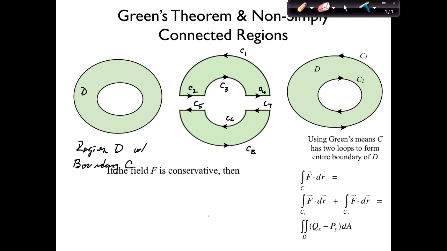So what we said last time was in a conservative vector field in Green's theorem, this is 0, right? And this is 0 because you're going around a closed loop. So if the line integral of C is 0, does that mean the individual line integrals are 0? They sum to 0, right?